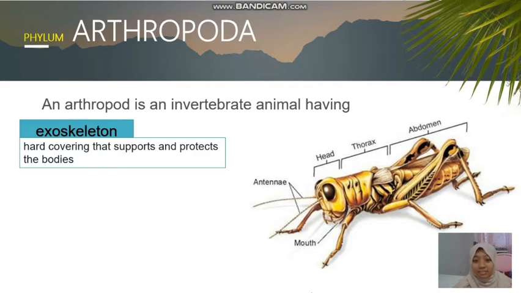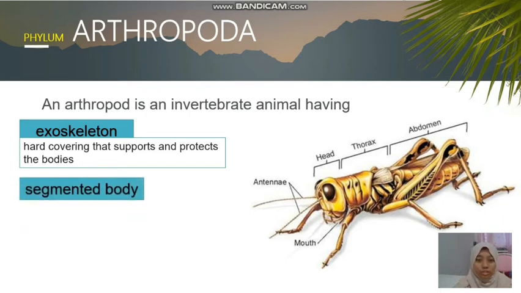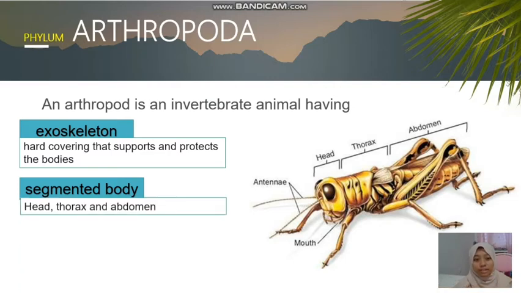If you see those shiny things here, this is the exoskeleton. Next, the segmented body, where the body is broken into parts. For example, the first part is the head, the middle part is the thorax, and also the abdomen at the back.